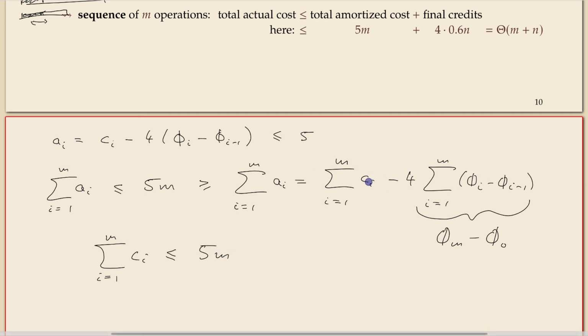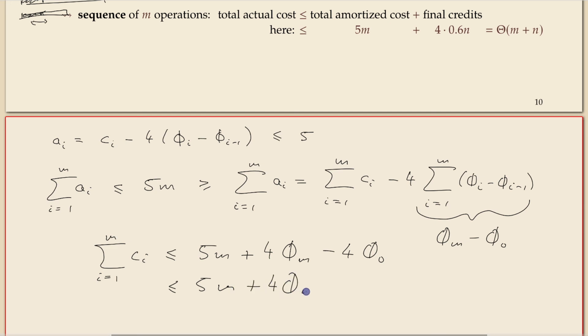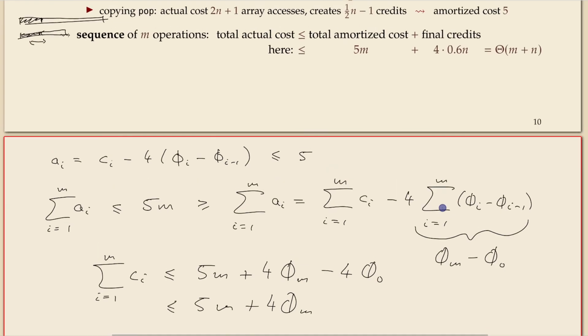So I'm just rearranging this, bringing that to the other side. 5m is on the other side already, and I add the 4 times phi m minus 4 times phi 0. And for an upper bound, I can drop the second one because it's always non-negative. Okay? And that's what's written in this last line.